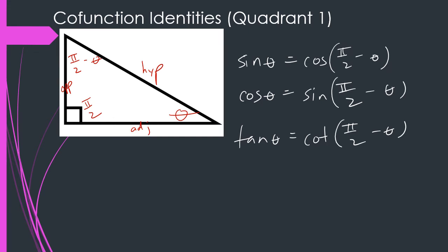Now, like I said, I'm glossing over these pretty quickly. You already have these written down on your formula sheet, or at least you should. If you don't understand completely, it's not that big a deal. You just need to know them, be able to reference them, and know how to use them, which we're eventually going to get to. So those are your cofunction identities.